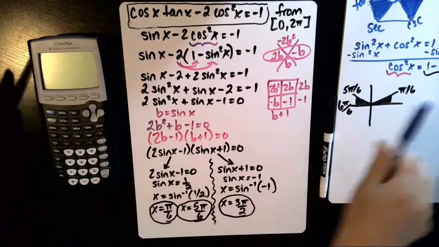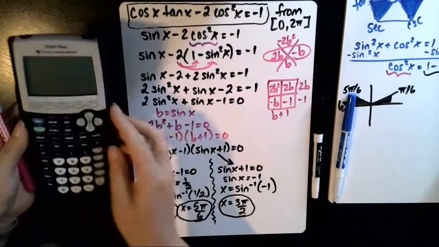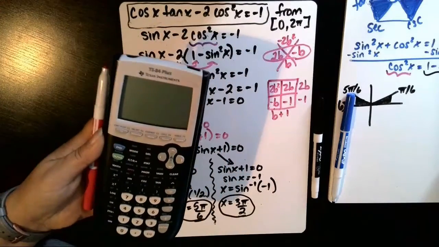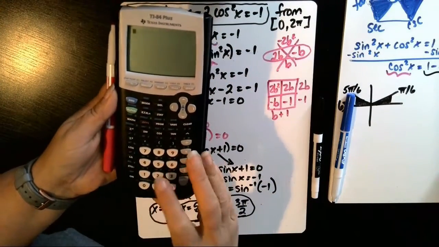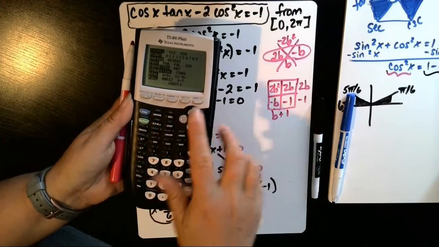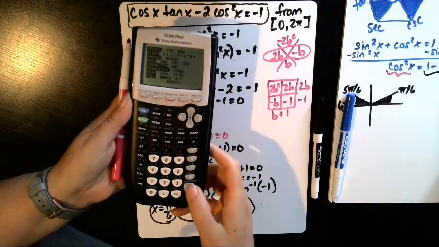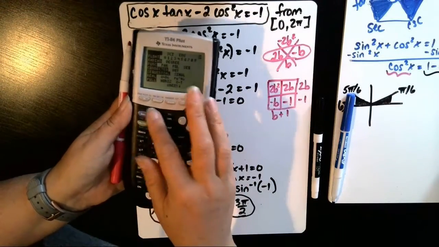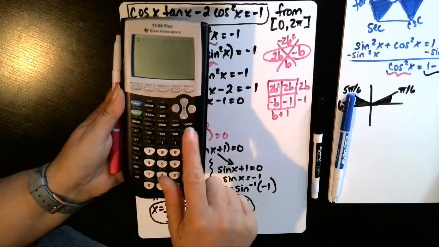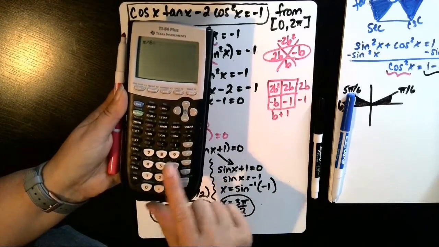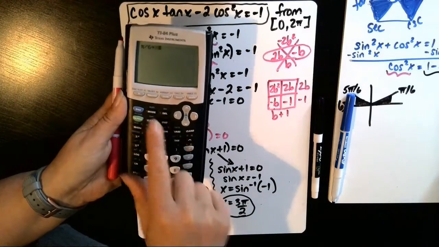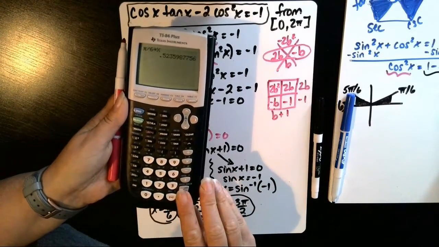So we'll go ahead and get the calculator, and we want to turn it on and first check that the mode is in radians, which it is. Okay, and then we're going to go to our answer, pi over 6, and we want to hit the store button. So we'll store that STO as x and press enter.